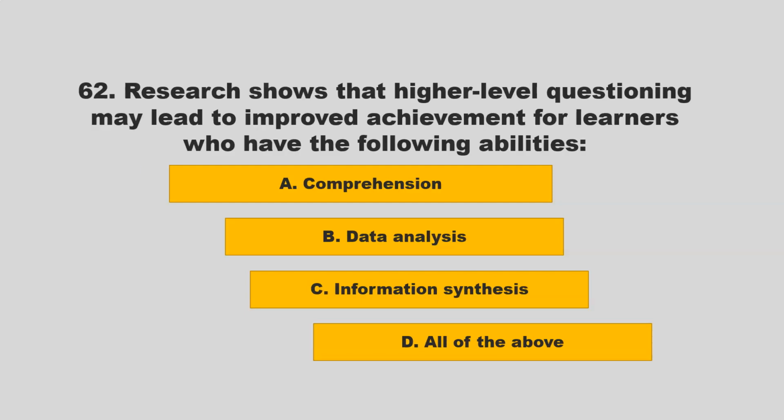Research shows that higher level questioning may lead to improved achievement for learners who have the following abilities: comprehension, data analysis, information synthesis, all of the above. If you chose D, all of the above, you are correct.